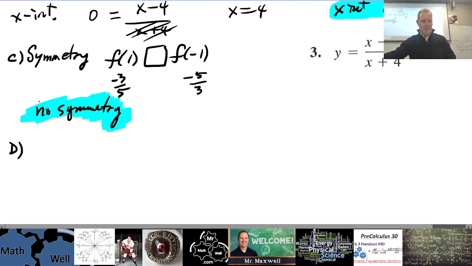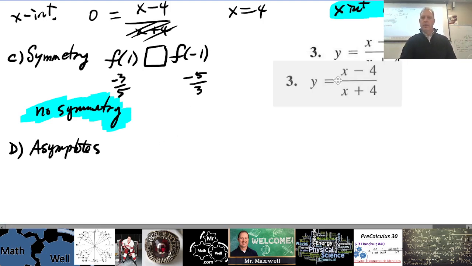All right, D, asymptotes. So we want to find vertical and horizontal asymptotes if there are any. The vertical asymptotes are the first thing we'll focus on here.